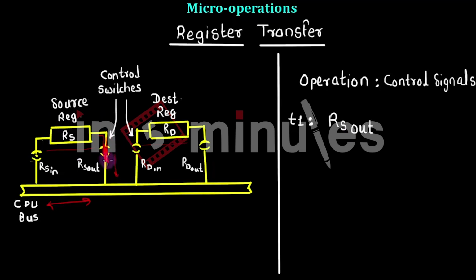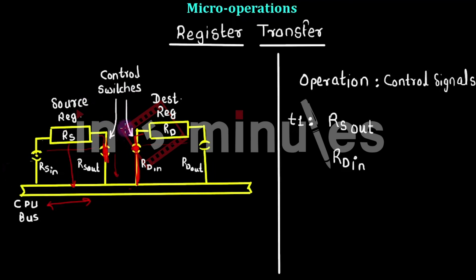When this switch is closed, the data from the RS is going to be on the CPU bus. Now we want this data to be read by the destination register. That is why we are going to set RD in as an active signal, and this is connecting the CPU bus. So the data will be read by the destination register.